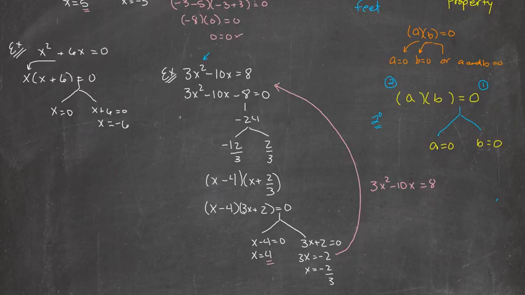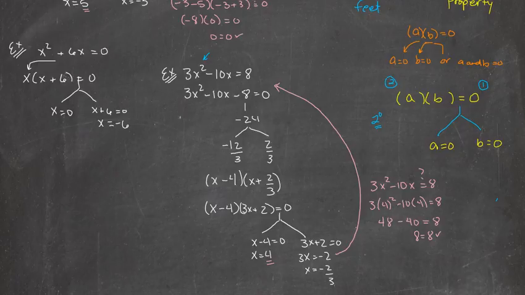If I plug in 4, 3 times 4 squared minus 10 times 4 equals 8. 4 squared is 16 times 3, 48, minus 10 times 4 is 40, equal 8. And I probably should have a question mark here. 48 minus 40 equals 8. That's a true statement. So 4 is a solution to this equation.